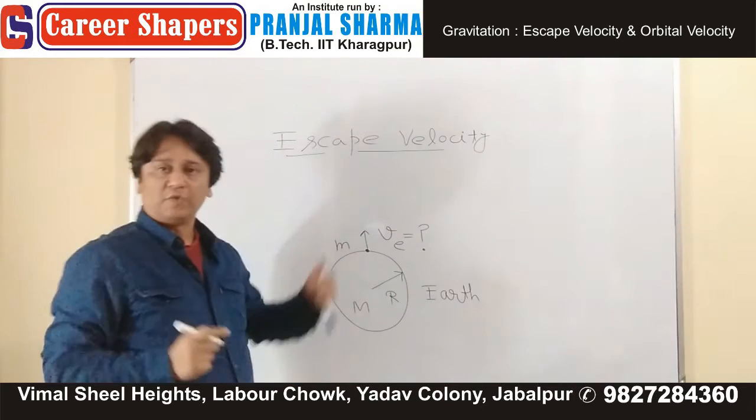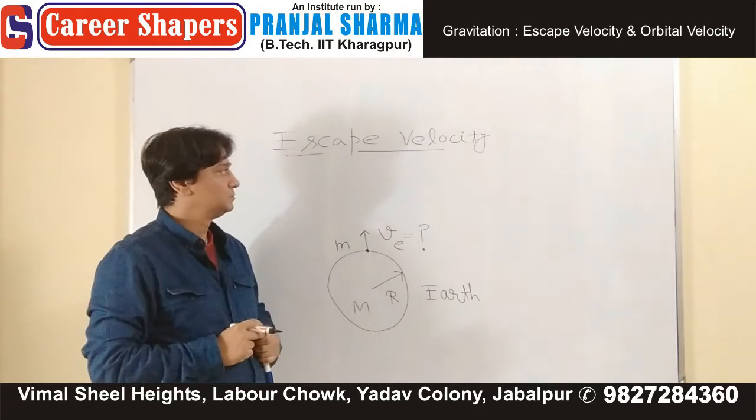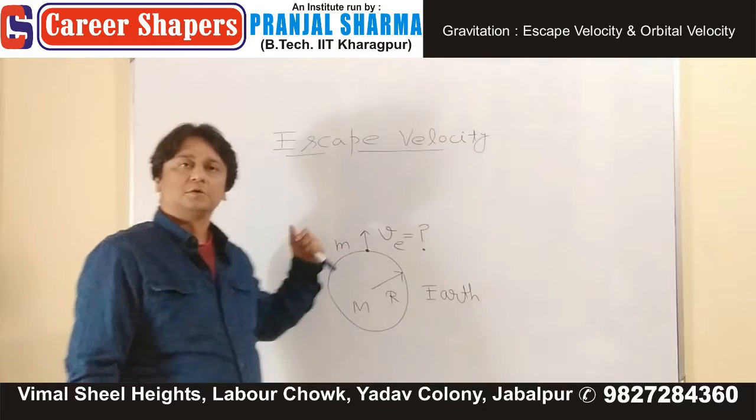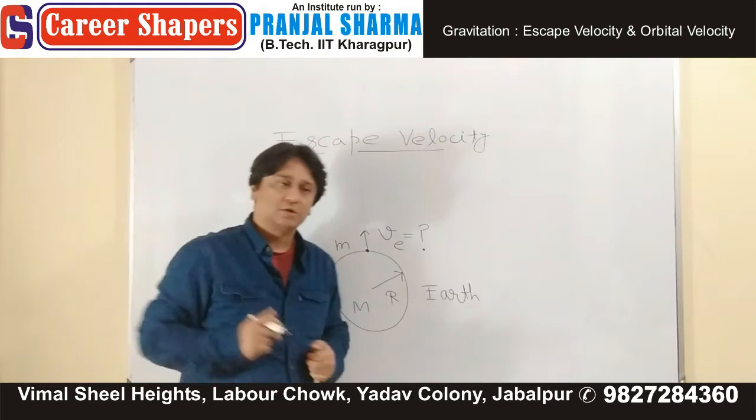And what is the meaning of ve? This v is the minimum speed with which you can throw an object from the surface of Earth so that it doesn't come back. Write down the statement.